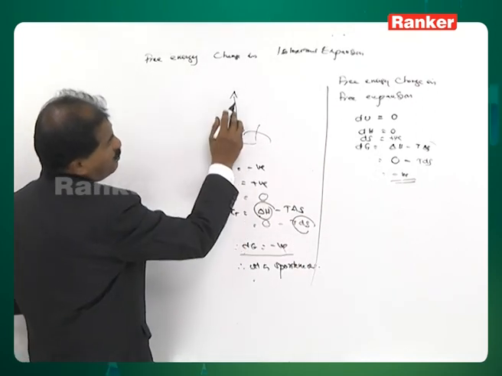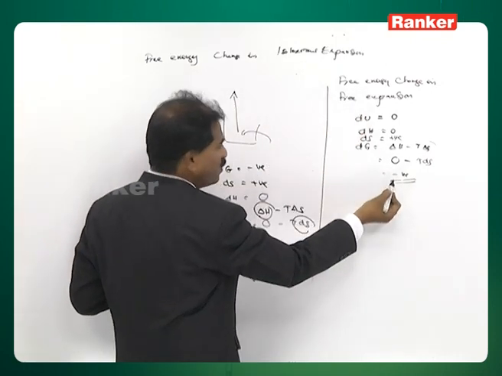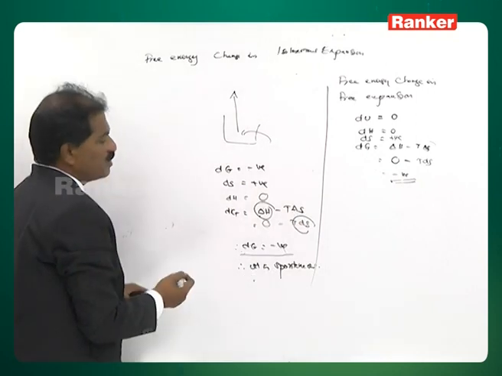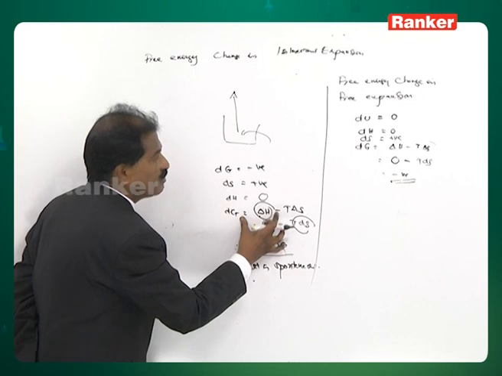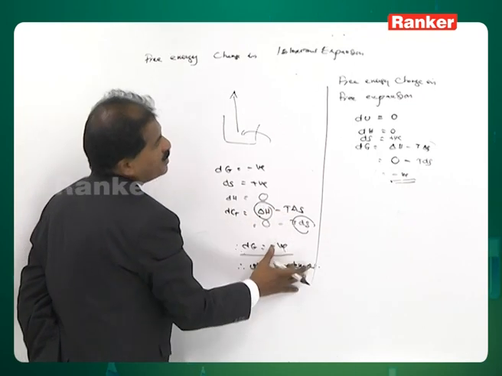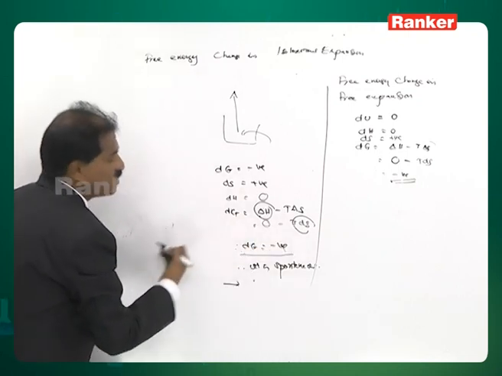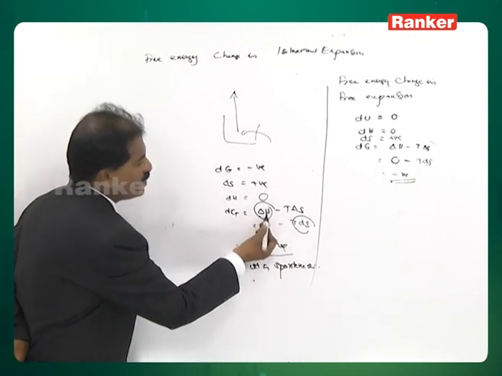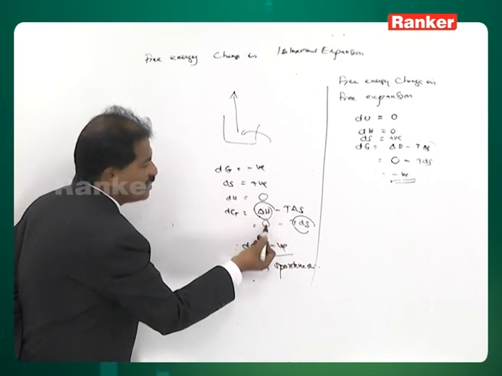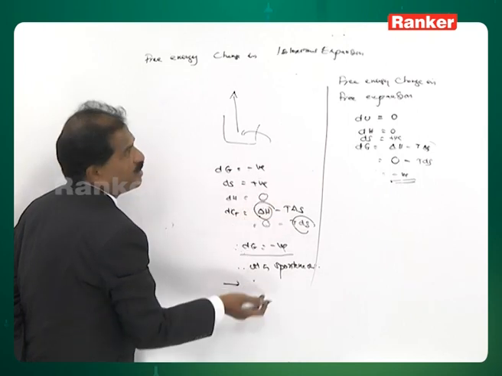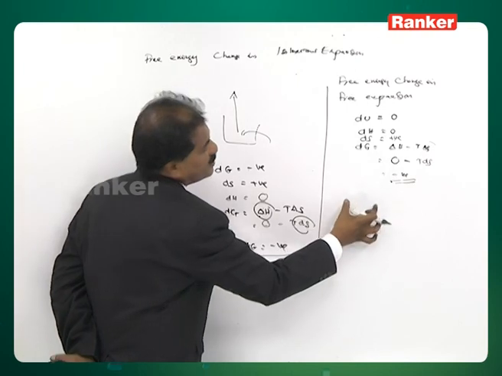Hence, this expansion process under isothermal conditions as well as into the vacuum is taking place because of the entropy factor, not because of the enthalpy factor. That means this expansion process cannot be explained by the first law of thermodynamics, because the first law says that whenever the enthalpy change is negative, the process is spontaneous. But here the enthalpy change is 0. Therefore, based on the first law of thermodynamics, we cannot explain the isothermal expansion process as well as the expansion into the vacuum.